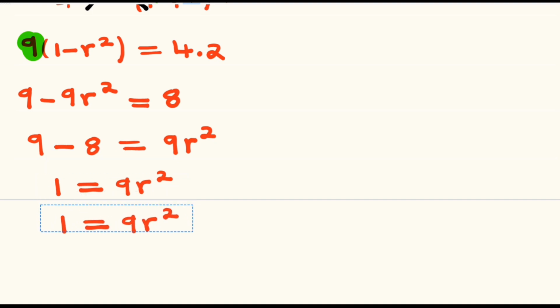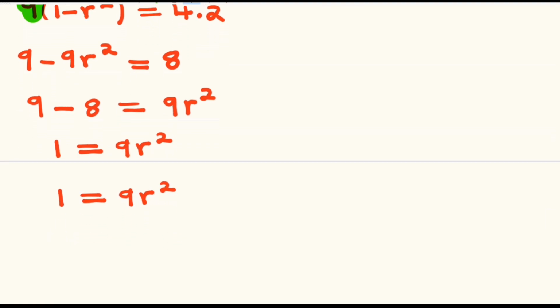We solve for r by dividing both sides of the equation by 9, and 9 divided by 9 is equal to 1, so they will cancel out each other. So we have 1 divided by 9 is equal to r squared.